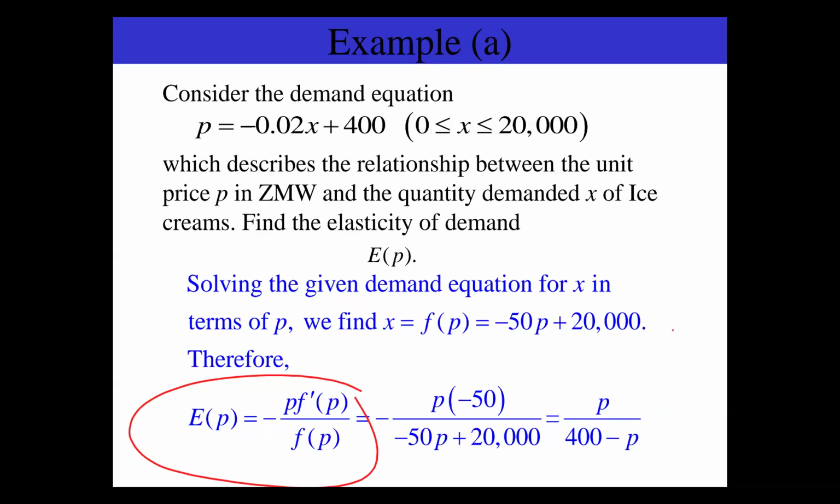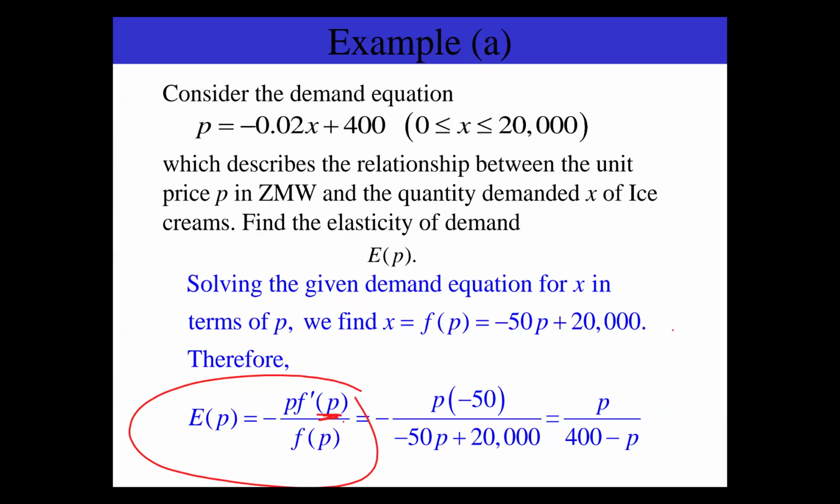And multiply by the price, then divide by the original function. This price should be there. It is price times the derivative.